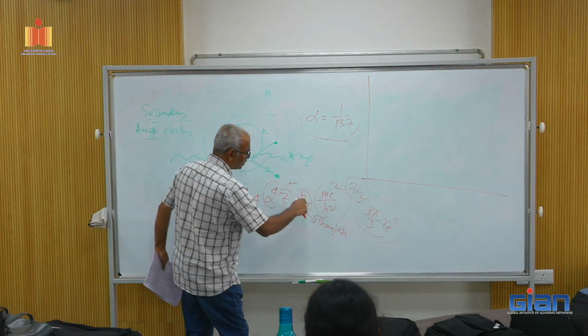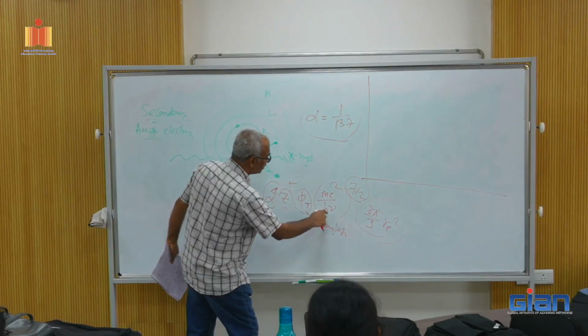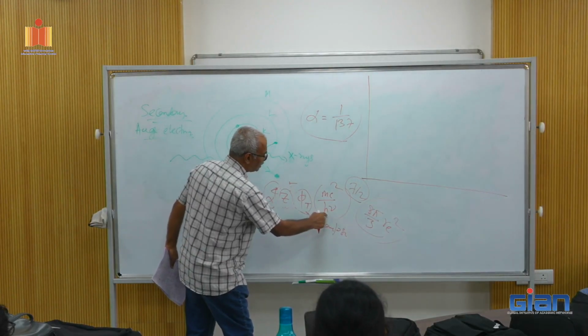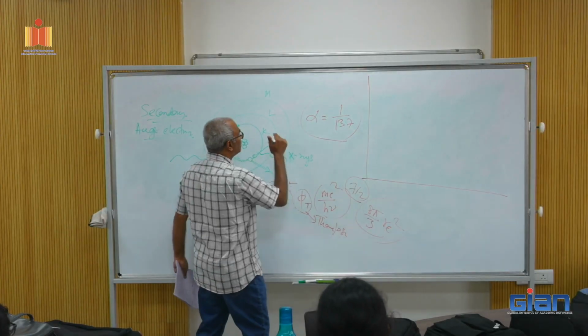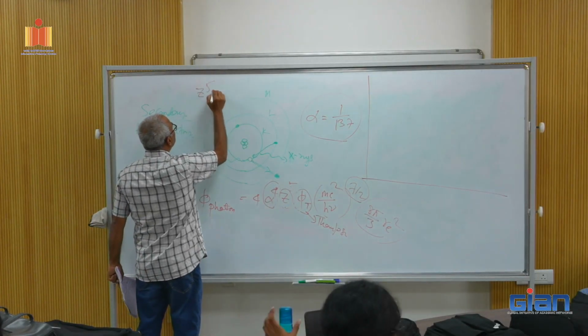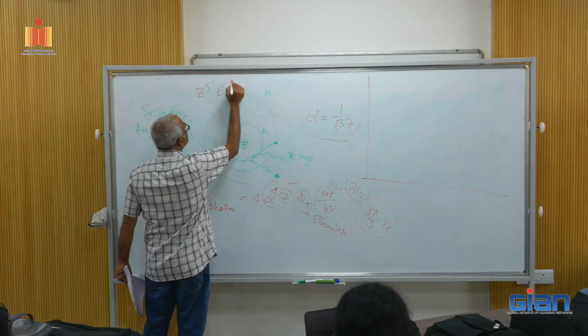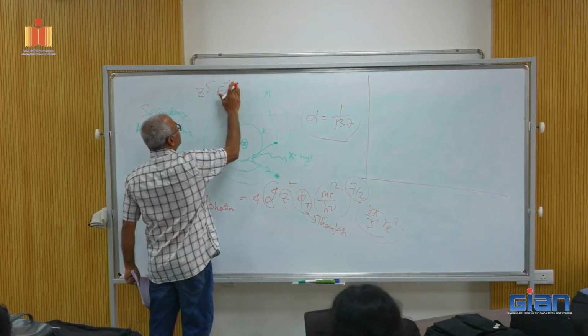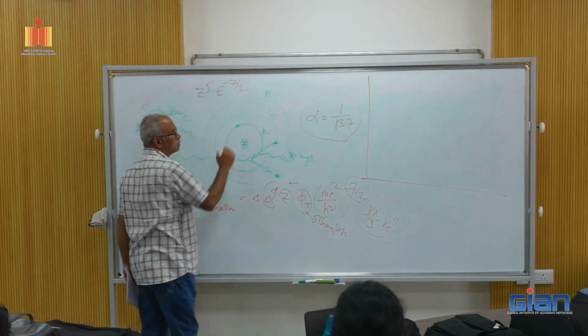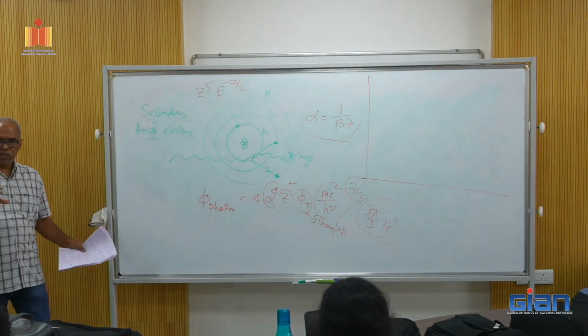For the specific photoelectric cross section, you have Z to the power 5 and roughly E raised to the power minus 7 by 2. So Z to the power 5 and E raised to the power minus 3.5. This is how the cross section will behave.